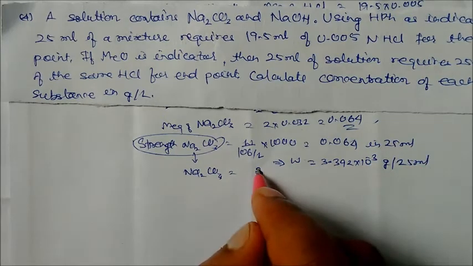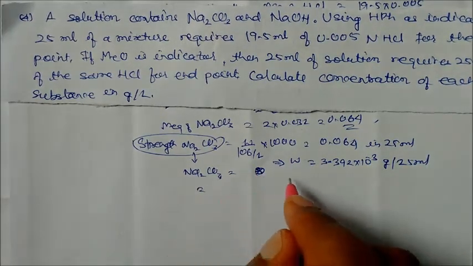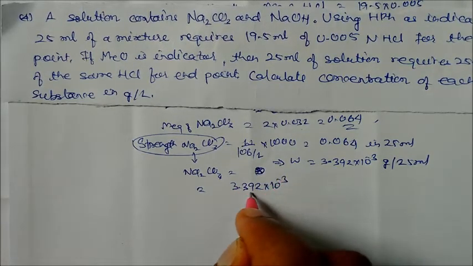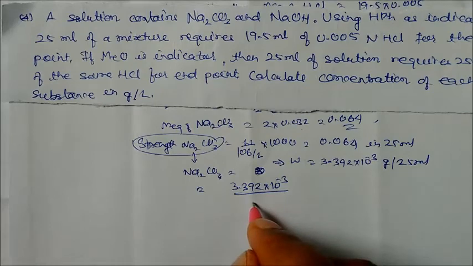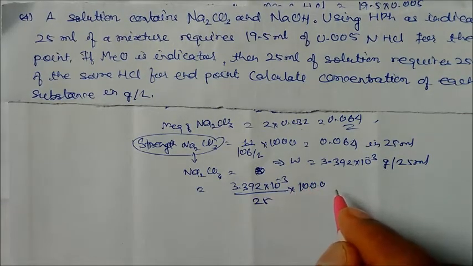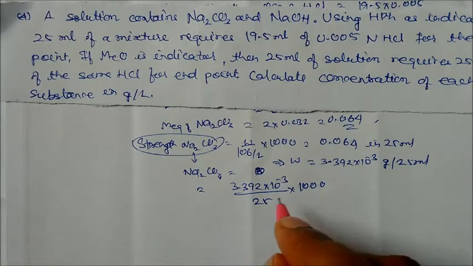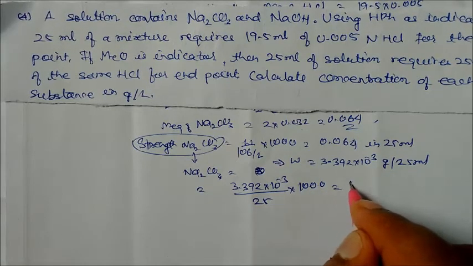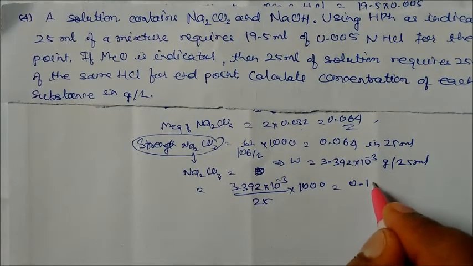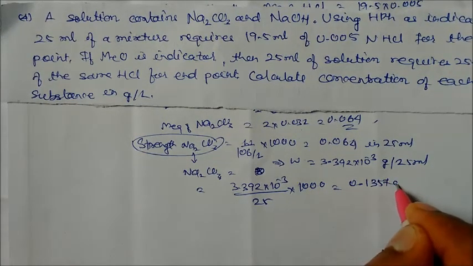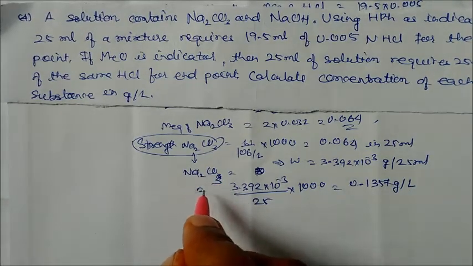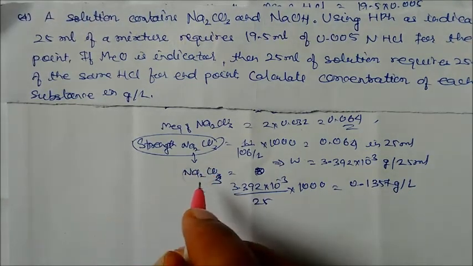So the strength will be 3.392 into 10 power minus 3 divided by 25 multiplied by 1000. On dividing, here we get the answer 0.1357 gram per liter.